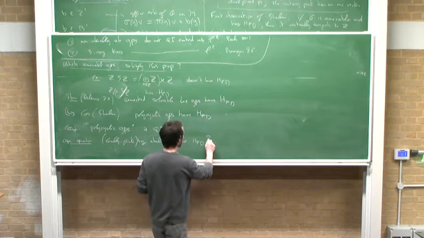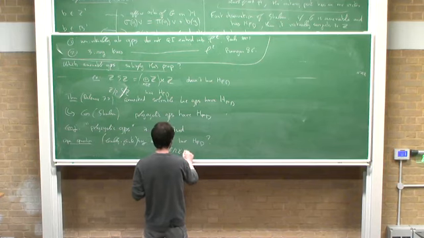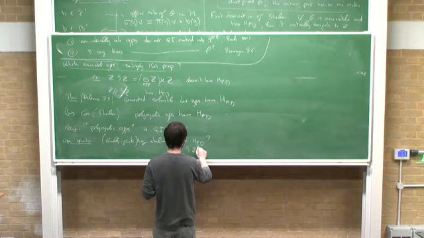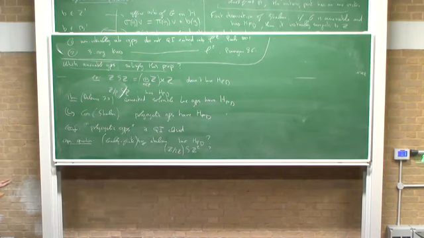And the first example for which this is open is the Lamplighter over Z squared, for instance.